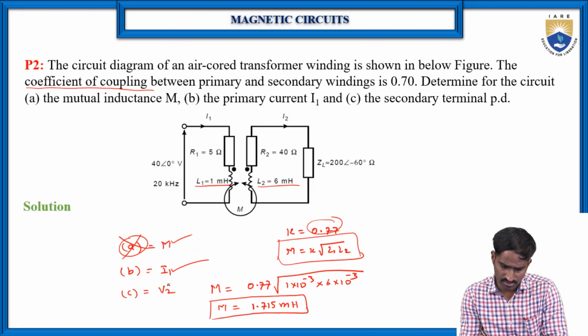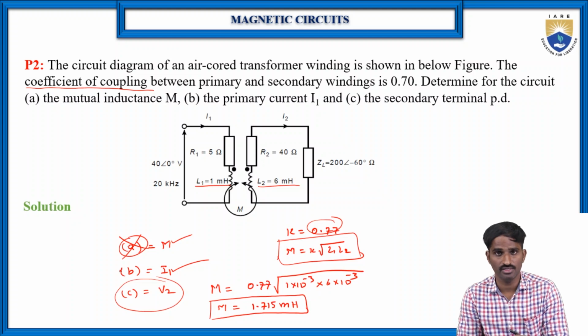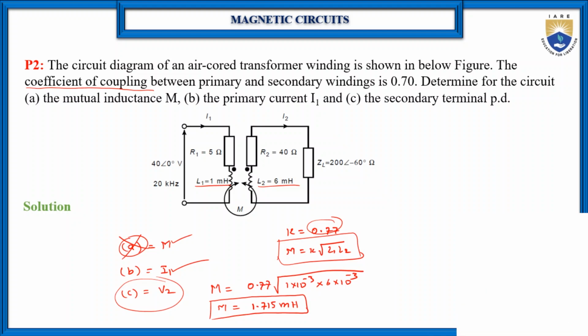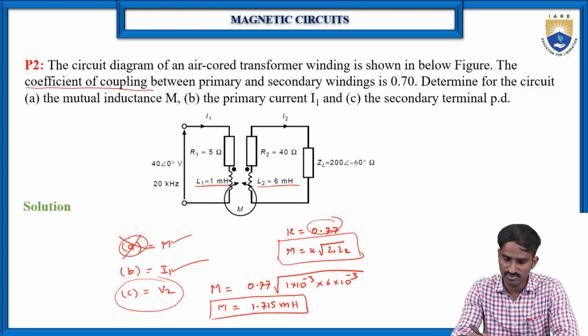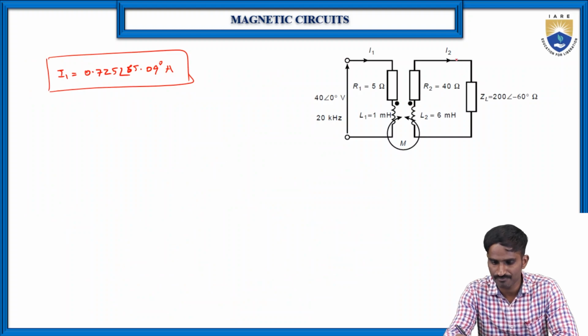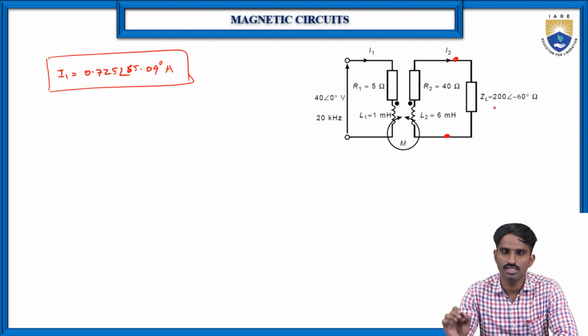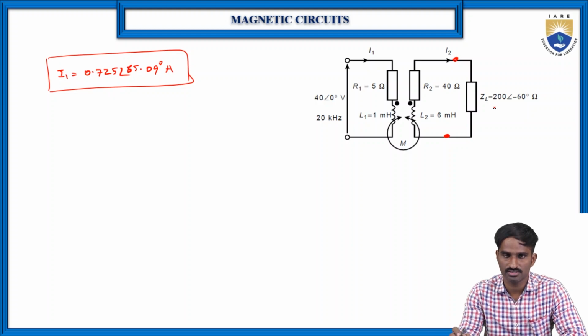The third one is now they ask us to find V2. What is the voltage across the secondary terminal? The voltage across the secondary terminal means the voltage across the load.